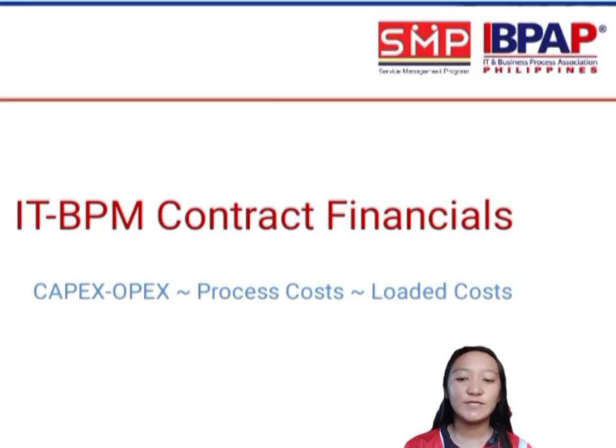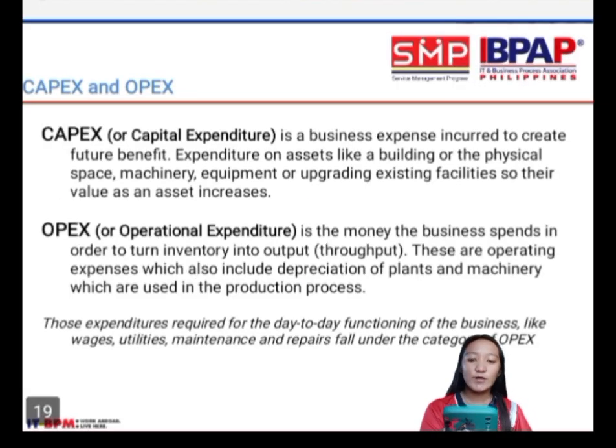Contract financials. CAPEX or capital expenditure is a business expense incurred to create future benefit. So, expenditure on assets like a building or the physical space, machinery, equipment, or upgrading existing facilities to increase their value and asset value.